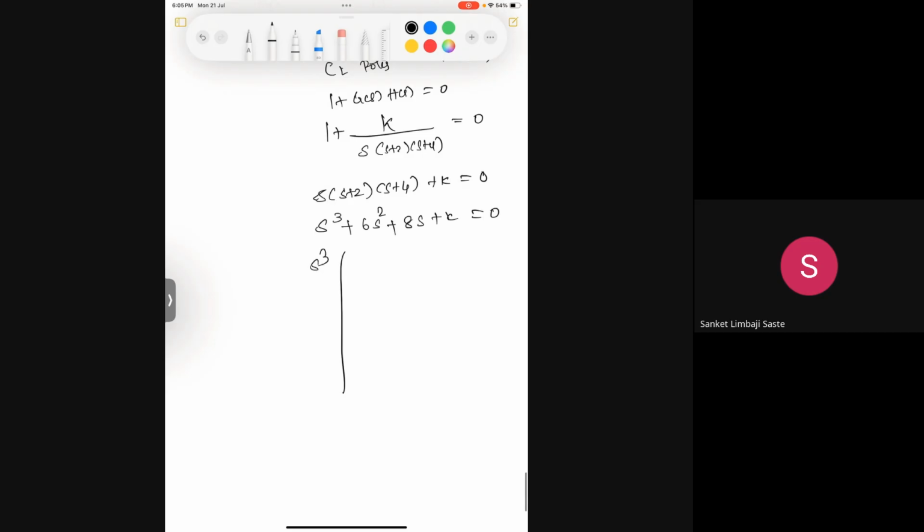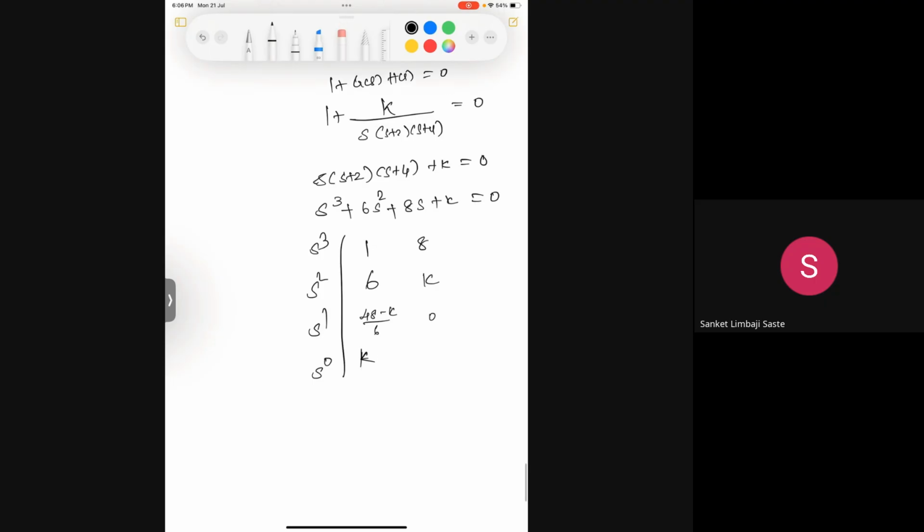Now when you form the Routh stability table: 1, 8; 6, K; then (48 minus K) by 6, and 0. Again the last row, only K will come because the other term is 0.